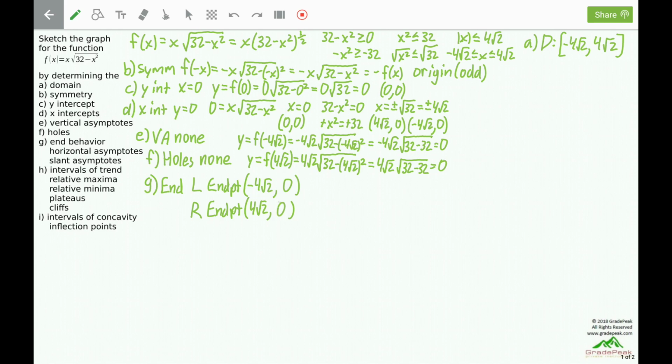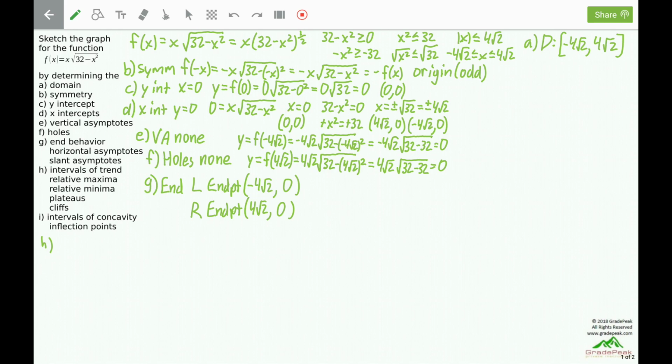So we also have a corresponding y-coordinate of 0. The left end and right end endpoints are 2 of the x-intercepts. So not a surprise, we found the corresponding y-coordinate to be 0 for each of those.